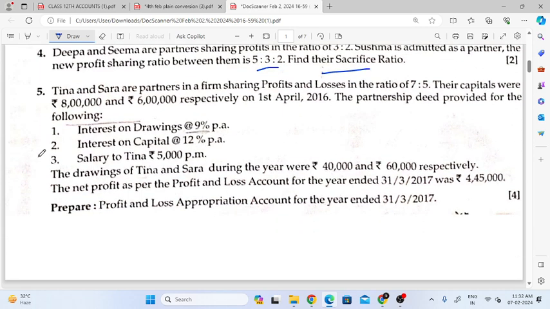Then the next question. Tina and Sarah are partners in a firm sharing profits and losses in the ratio of 7:5. Their capitals were 8 lakh and 6 lakh respectively on 1st April 2016. Now here you have to see what they have told us to prepare. They told us to prepare the profit and loss appropriation account for the year ended 31st March 2017.